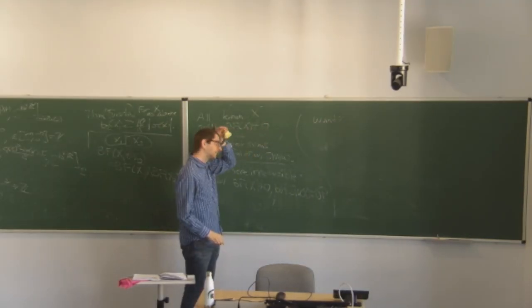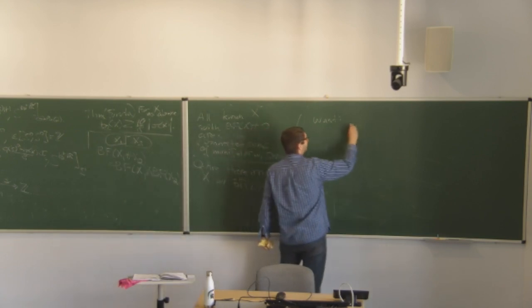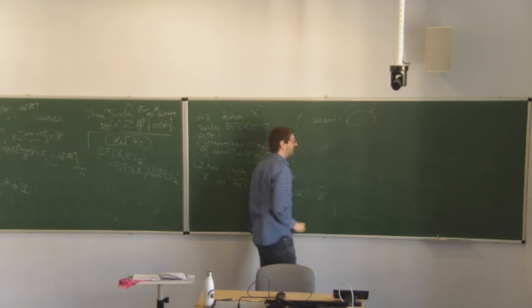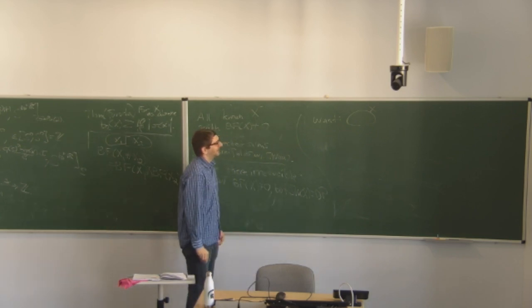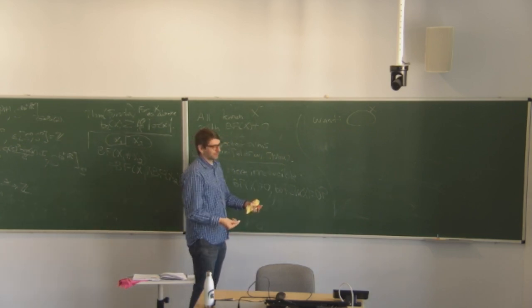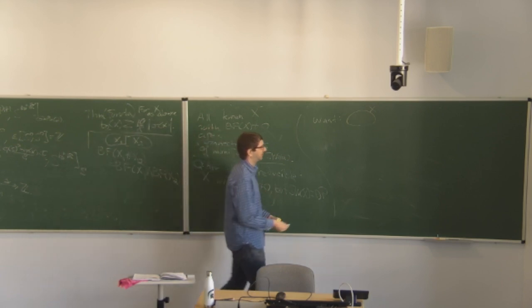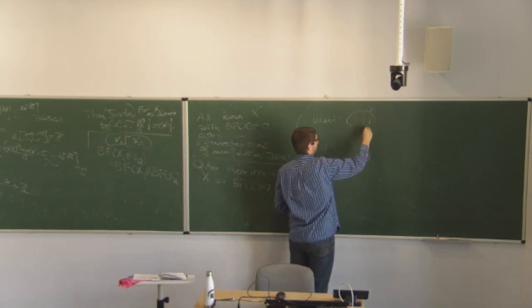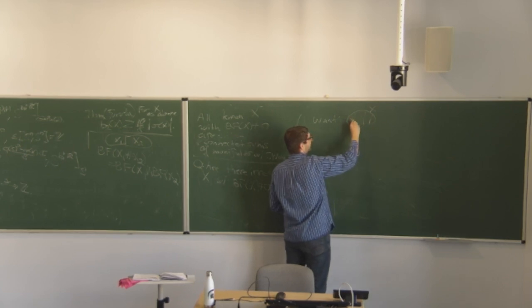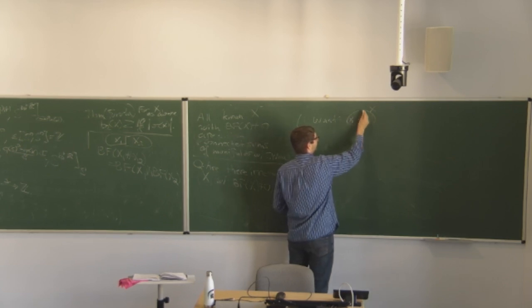So maybe what we would like to do is, let's say you have a closed four manifold, and you want to calculate the Bauer-Furuta invariant of X by cutting it into pieces. So let's say it's X1, X2, X3.